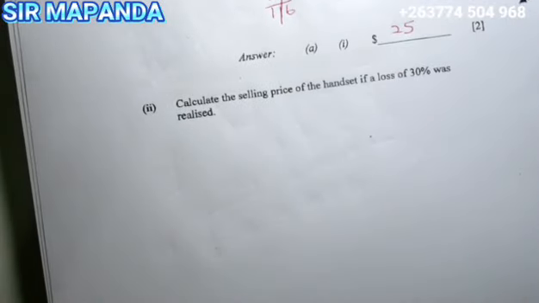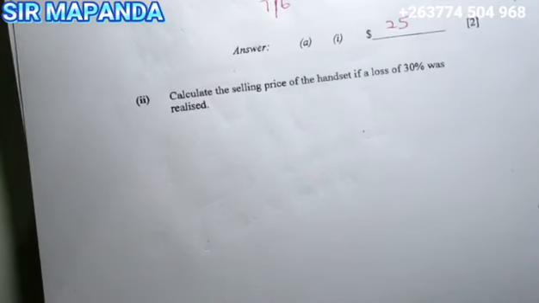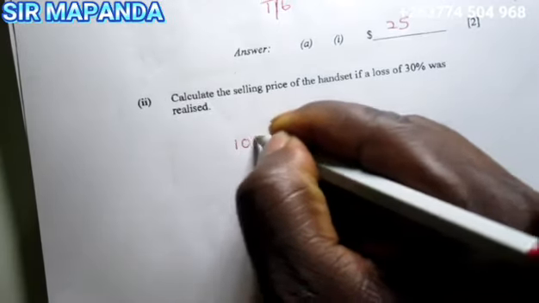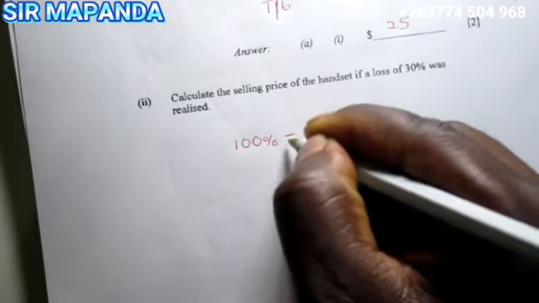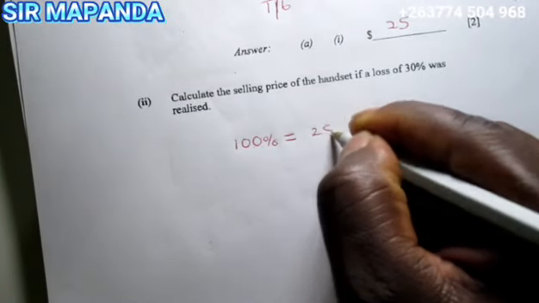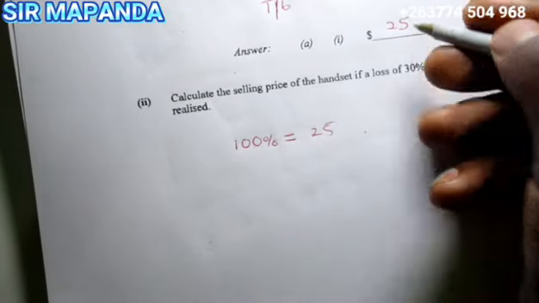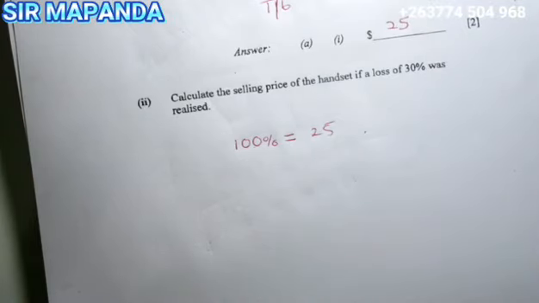Then we move on to item 2 of the question. Calculate the selling price of the handset if a loss of 30% was realized, right? If we realize a loss here, remember the cost price is 100%. So we now know that the 100% is equivalent to this $25. A loss means subtract.